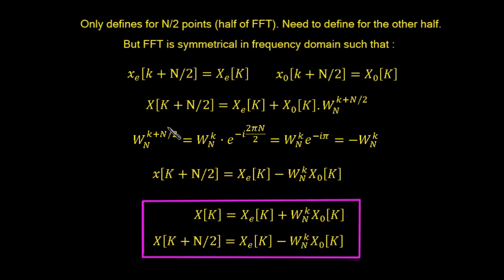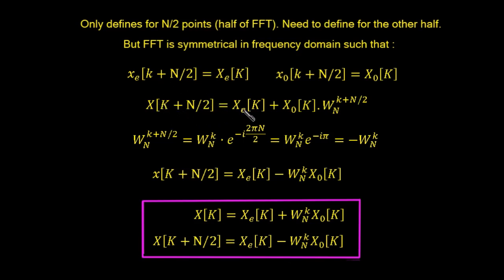So it means that finally we could write our X of k plus n upon 2. So in this instance here, let's say the k is the first 4 points of an 8-point FFT, then X of k plus n upon 2, well if n is 8, that's going to be 8 upon 2, which is 4, so that's going to give us k plus 4, so that will be the second set of 4 points.